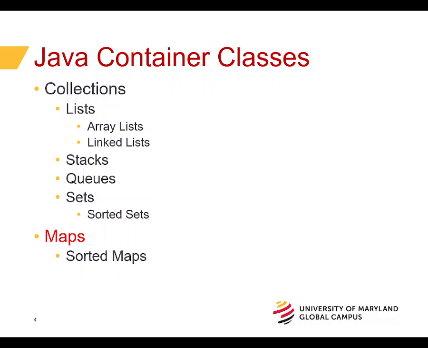The other major category of container classes are maps. Unlike collections, they contain pairs of elements, referred to as key-value pairs. The possible representations for maps are similar to sets, so it is possible to represent them sorted by their keys.